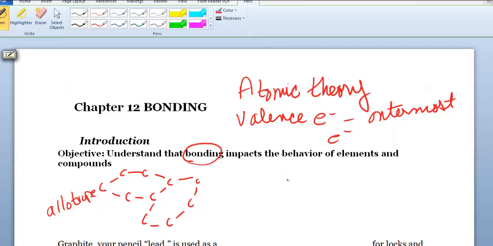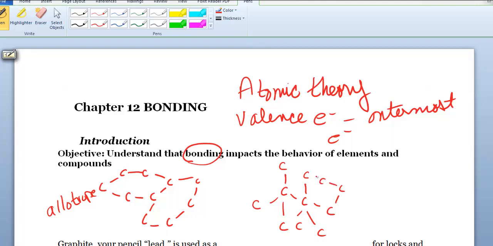Another one is diamond, and diamond structurally is a little bit different. We describe it as tetrahedral, or sometimes it's also described as octahedral, where one group is attached to another, and so you get this octahedral effect where these carbons are interconnected.